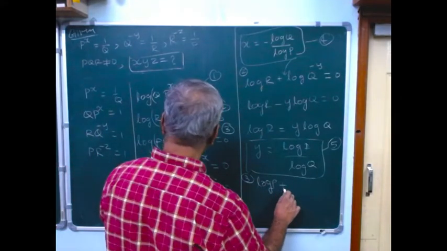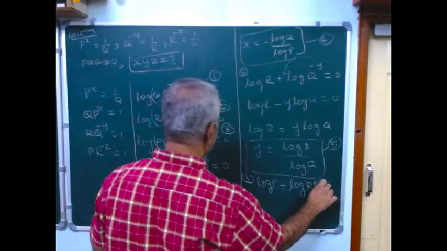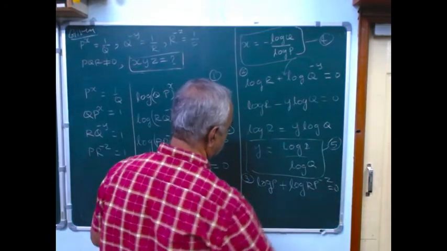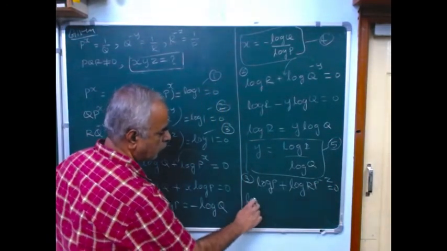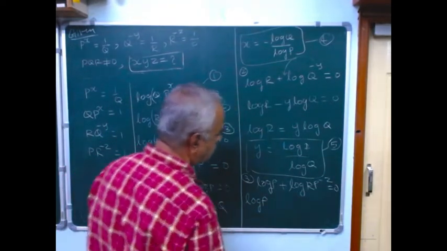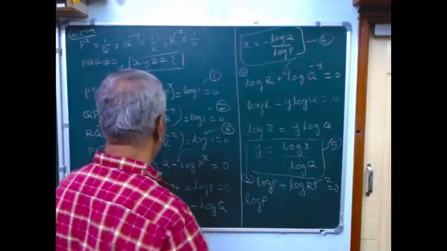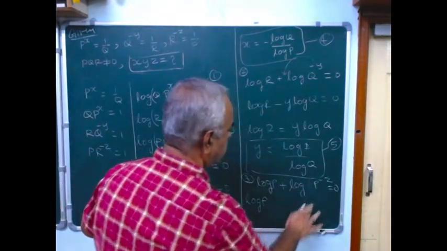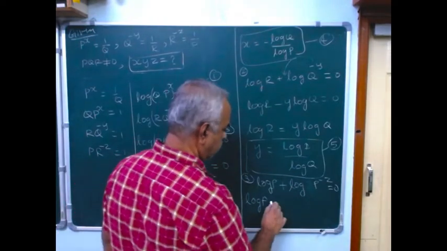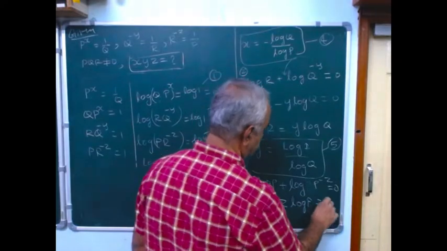So let us put plus log of r power minus z is equal to 0. So log p, and you can apply the power rule here, as I already mentioned. So this is r only. Okay. So minus z log r is equal to 0.